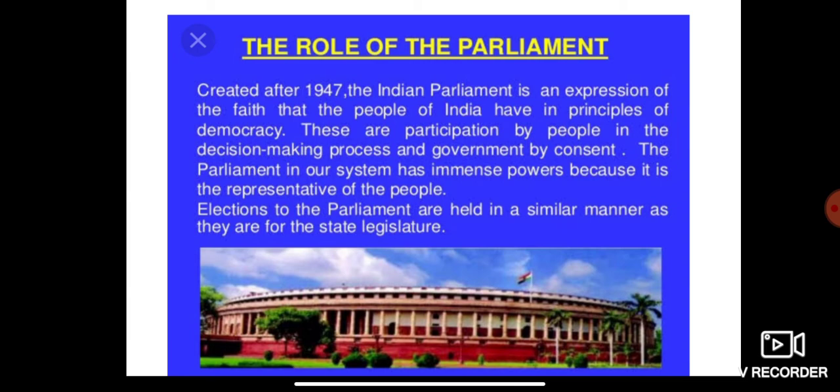Parliaments all over the world control public finances. In most countries, any money raised from the people can be spent only after it is approved by the parliament. We also know that parliament is the highest forum of discussion and debate about national policies and issues affecting the people.